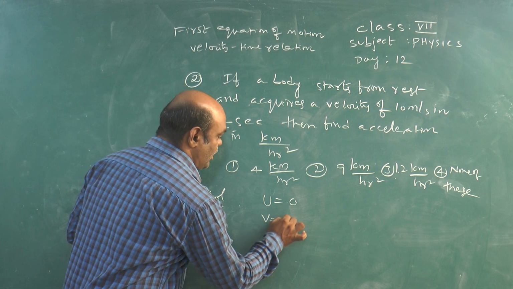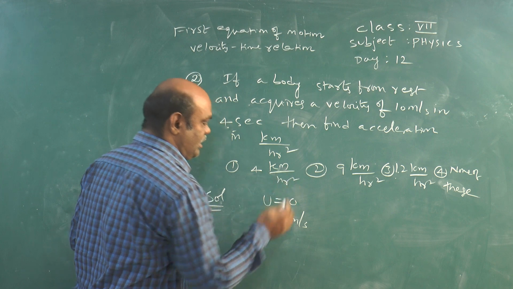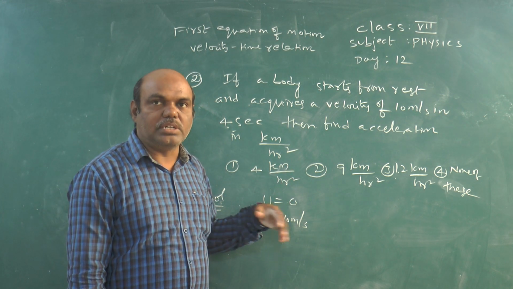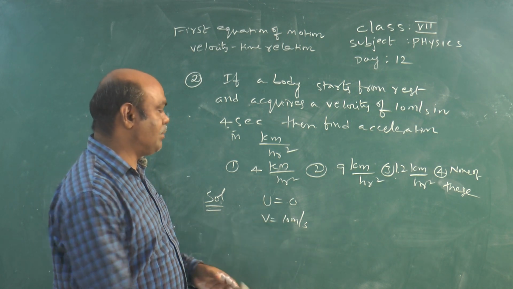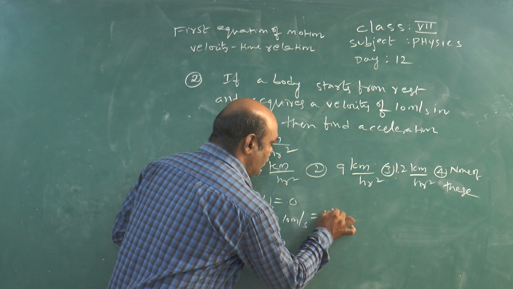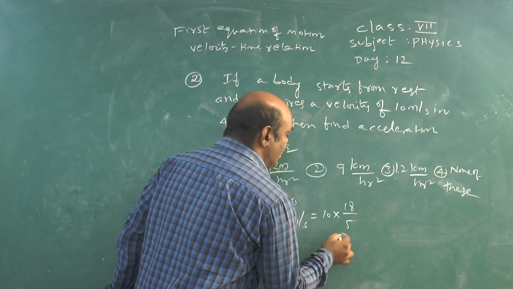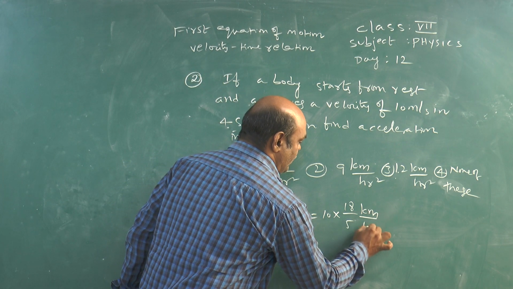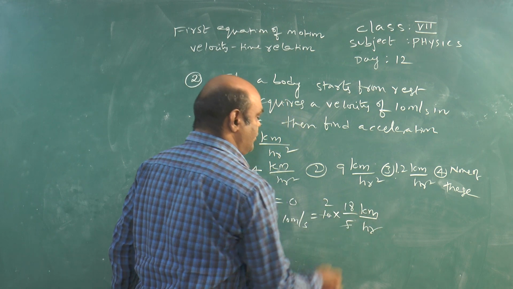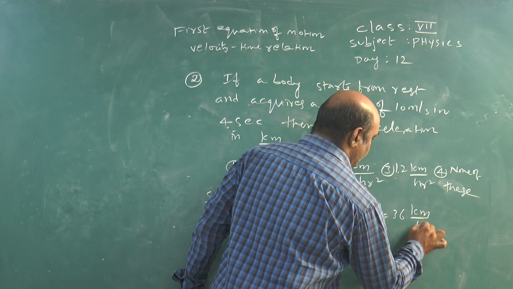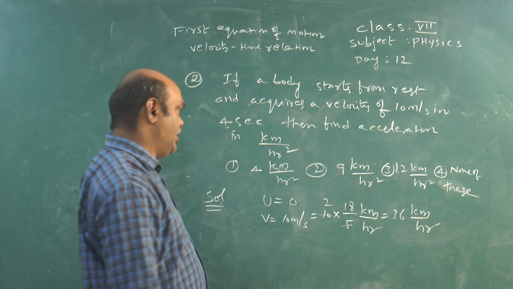So the final velocity is 10 meter per second, but our target is kilometer per hour square. That's why we should convert meter per second into kilometer per hour. That is 10 into 18 by 5, which is 36 kilometer per hour, the final velocity.